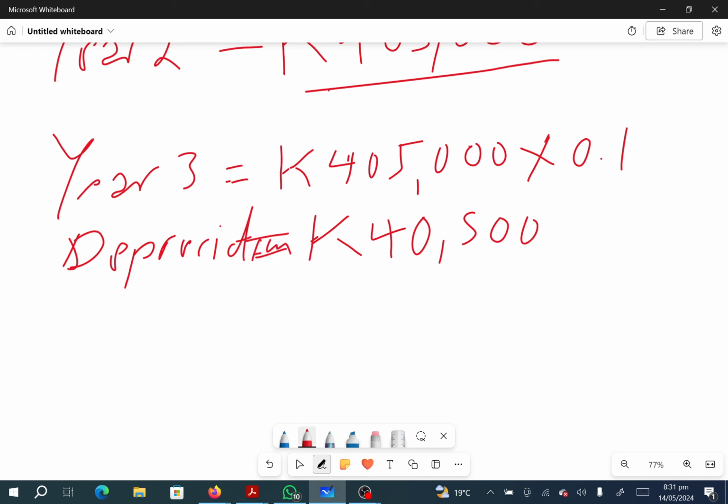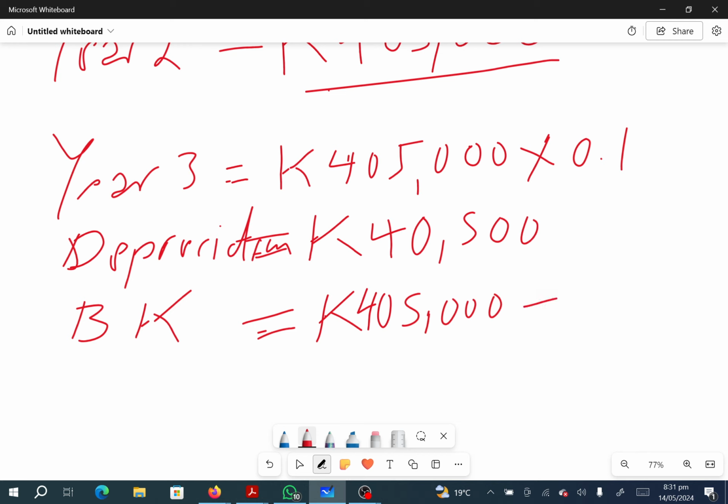Then our book value for this year, a big K, which is book value, is equal to our expense, which is 405,000, minus the depreciation, which is 40,500.